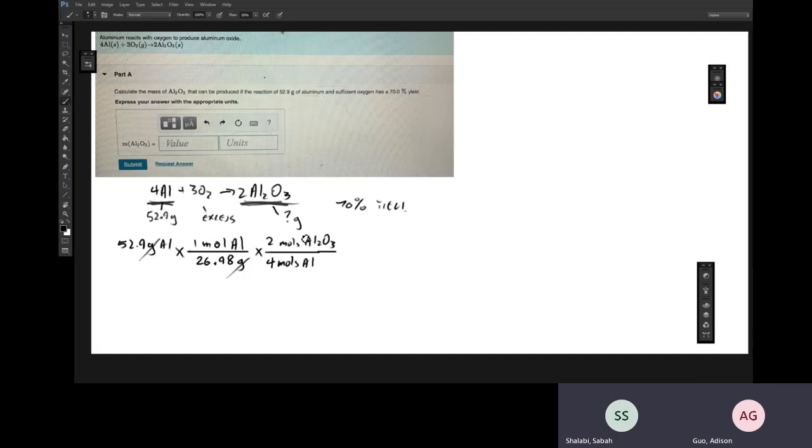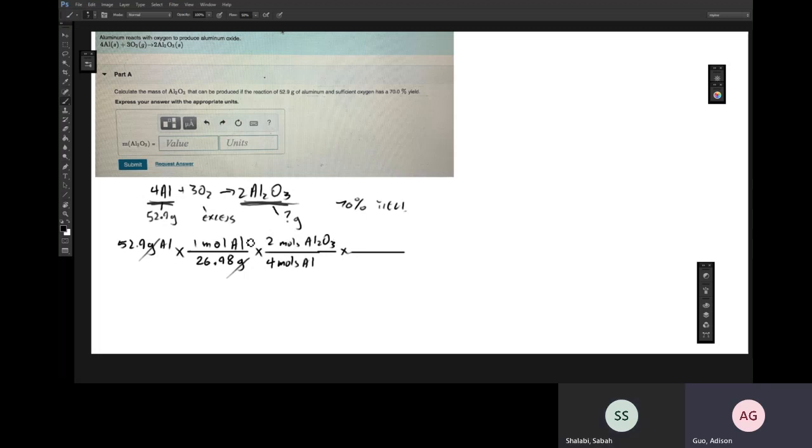So this is your true goal, to go from one element into another. But you can only do this with moles because these coefficients are moles. Oh, that's why we use the molar mass to go from grams to moles. Okay, that makes sense.